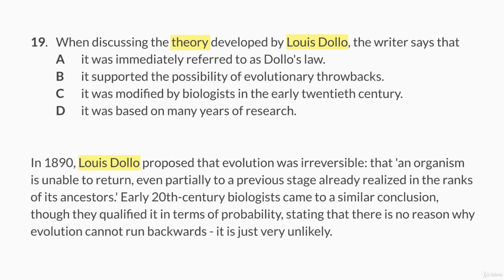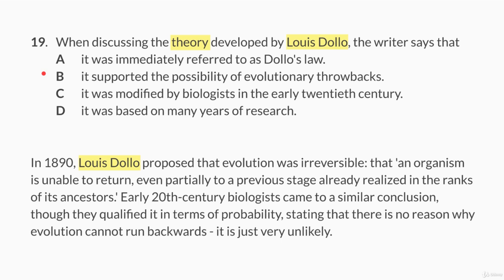So I already know right away that this is not going to be our answer, because this answer choice related to evolution says that it supported the possibility of evolutionary throwbacks, that it is somehow possible to move backwards in evolution. See? Throwback. That is not what this is saying at all. It's saying that Louis Dollo proposed that evolution was irreversible, that an organism is unable to return, that you cannot go back. Evolution cannot run backwards. So that's not going to be our answer.